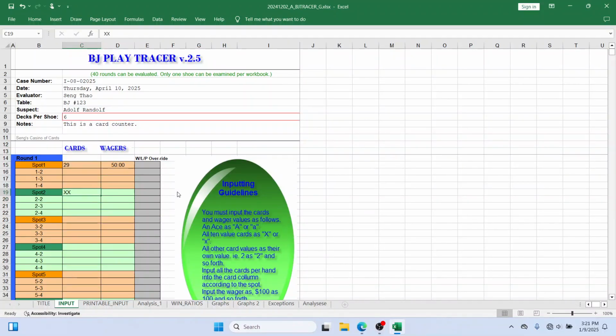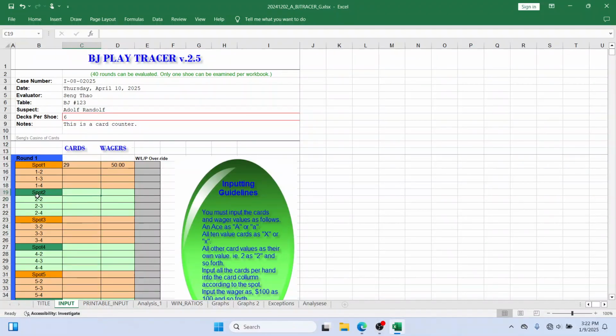If a person received, let's say spot number 3 here, an ace and a jack, it'll be AX. So this is the format in which you should input these. I'm going to delete these fields here.